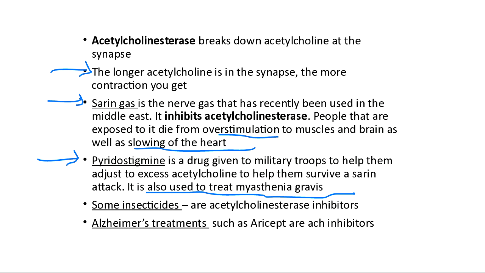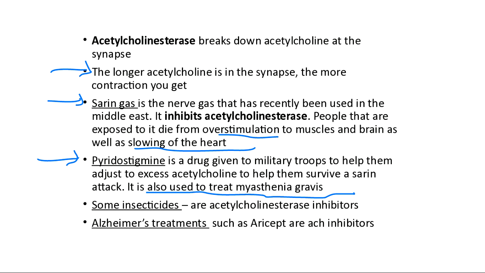But whatever the cause, you don't have enough acetylcholine or acetylcholine receptors at the neuromuscular junction, so you have muscle weakness. Pyridostigmine is given to decrease the amount of acetylcholinesterase, so you get more essentially bang for your buck. One release of acetylcholine lasts longer than it would have without the drug.